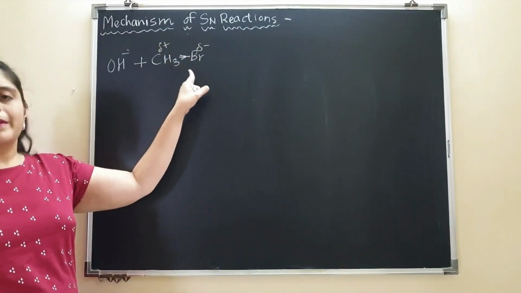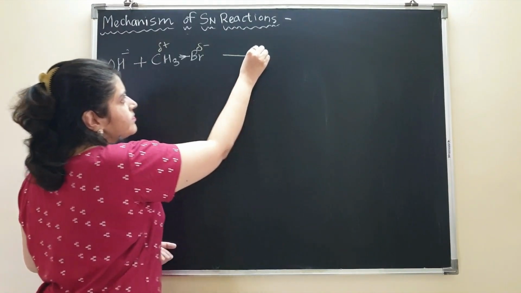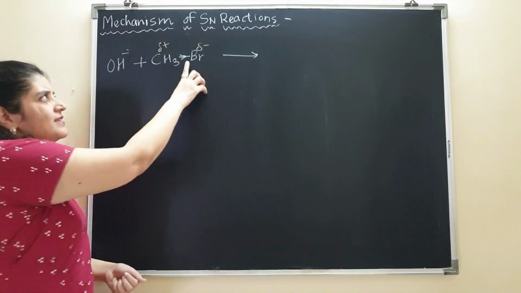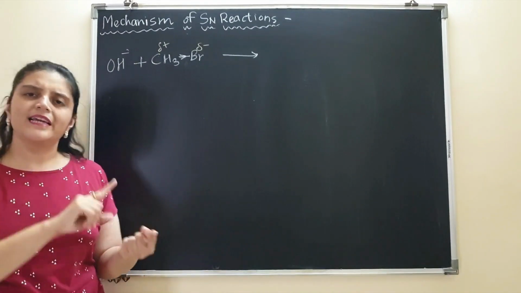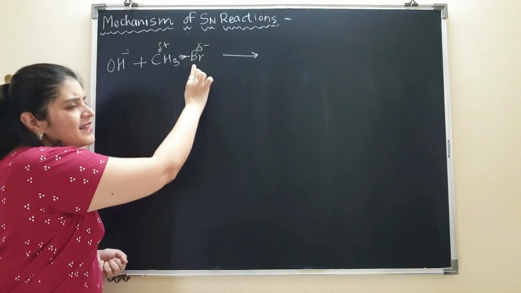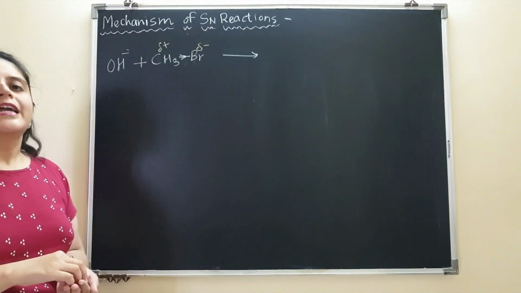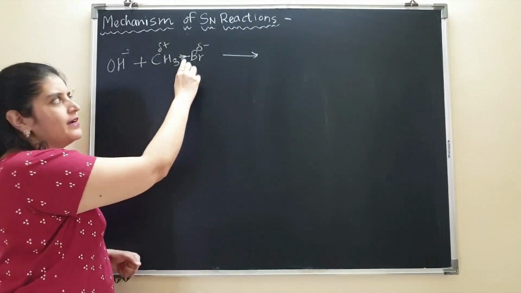But while breaking of this bond with bromine, what will happen is there is a covalent bond between carbon and bromine, which contains 2 electrons. Each covalent bond is nothing but 2 electrons. So while this bromine is leaving, it will leave along with the pair of electrons in the covalent bond.